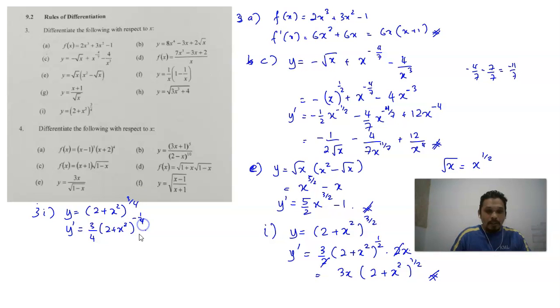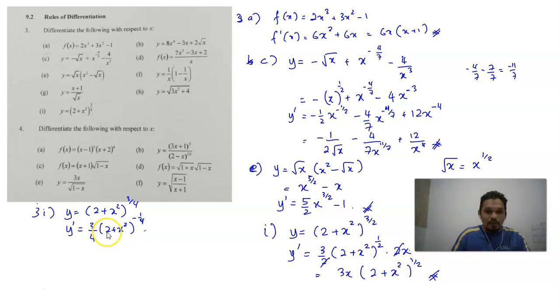Okay. So the rules of differentiation, we are going to differentiate from outside to inside. What's the outside term here? The index or power 3 over 4, and then 3 over 4 minus 1 equals negative 1 over 4. Then don't forget, we need to multiply with the derivative of the function inside.